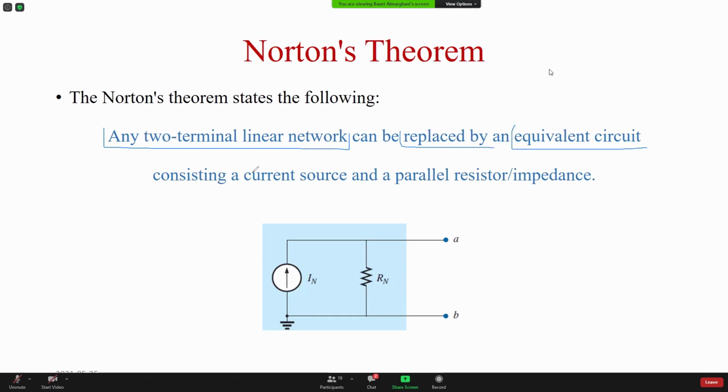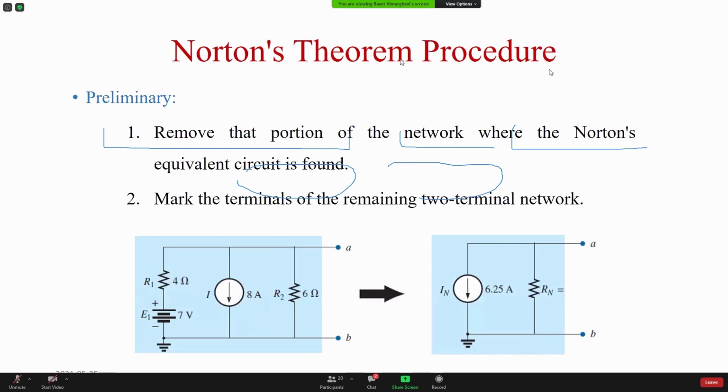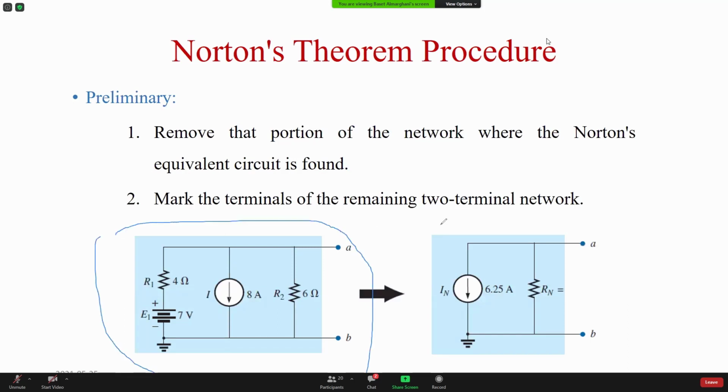And this circuit is a current source now in parallel with either a resistor or an impedance. So this is now Norton's. The procedure is quite similar, except one thing at the end. For this circuit, I'm going to find an equivalent that looks like this.